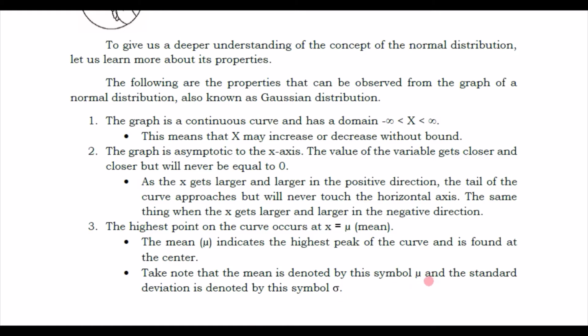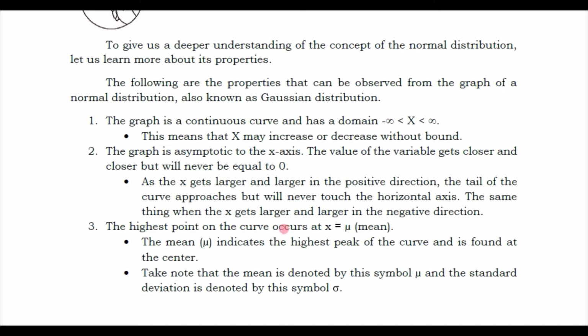So you should become familiar with those symbols because you will see them more often. When we say mean, it is the average. The average is found at the highest peak or the highest point of the curve.